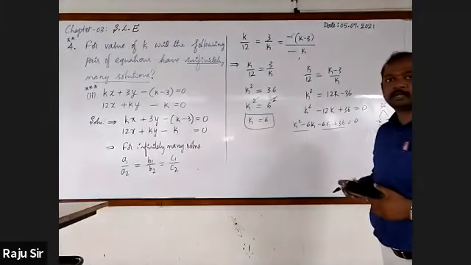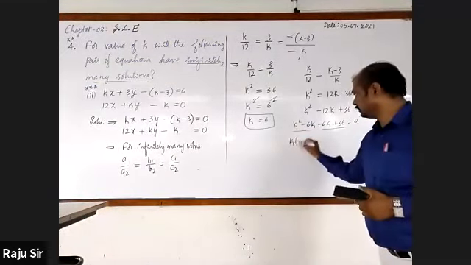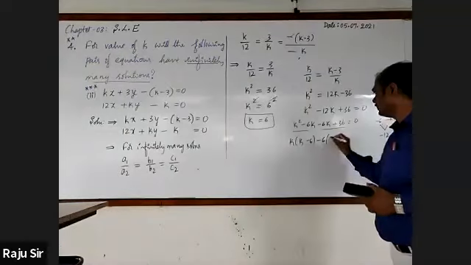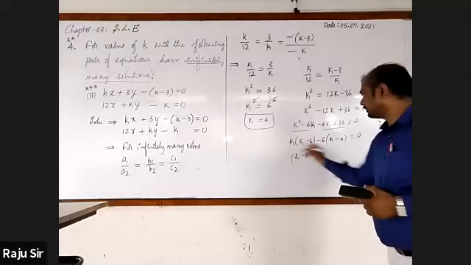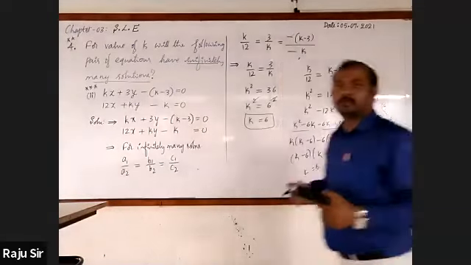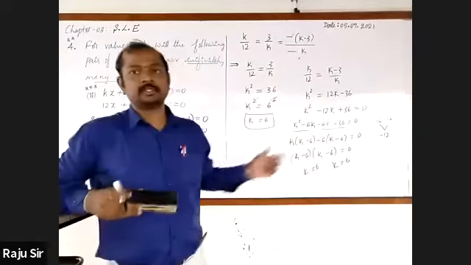Group them by taking two terms. Here k into k minus 6, minus 6 into k minus 6 equal to 0. K minus 6 is the common factor. Remaining k minus 6 equal to 0. K equal to 6. So the value of k is 6.